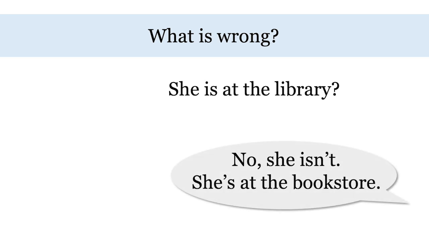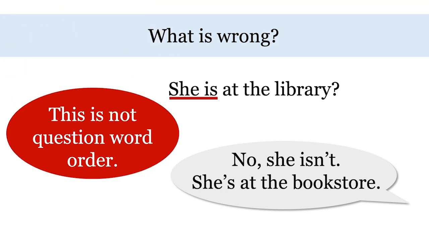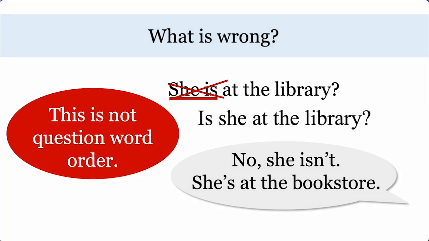She is at the library? No, she isn't. She's at the bookstore. Right here, this is not question word order. So this is incorrect. We have to switch or reverse the order. Is she at the library? No, she isn't. She's at the bookstore. Okay?